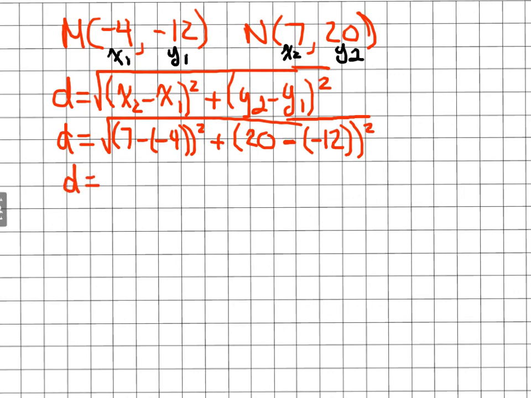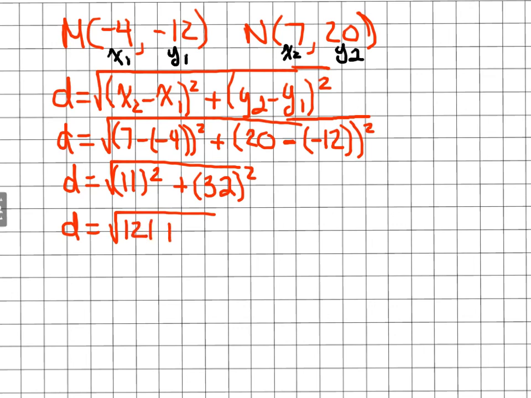So then I have 7 minus negative 4, which is 11. We're going to square that. And then I have 20 minus negative 12, which is 32. So I have 32 all squared. So then I have 121 plus 32 squared. I'm just getting my calculator out here.